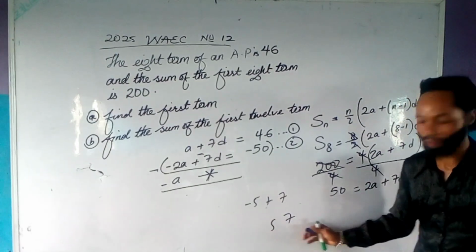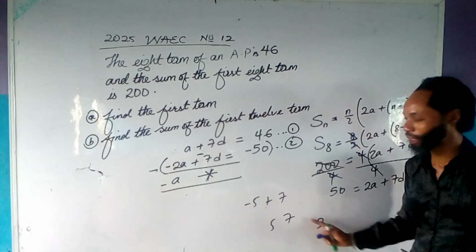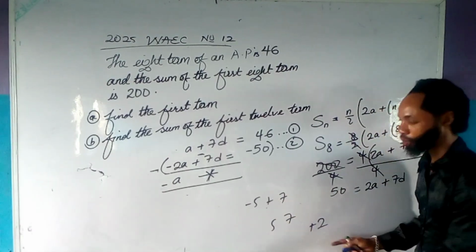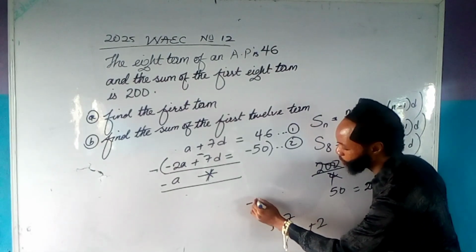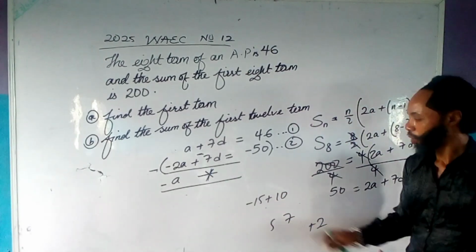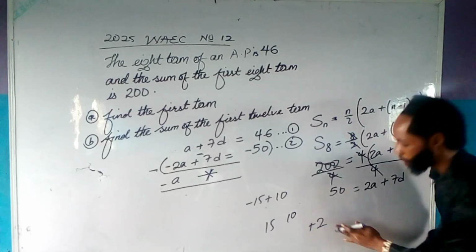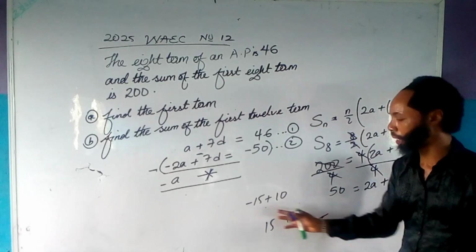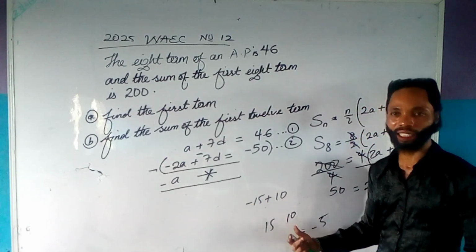The difference between 5 and 7 is 2, then you attach the sign of the bigger number. Which number is bigger? 7, and the sign is positive, so the answer is plus 2. Let me pick another one: minus 15 plus 10. The difference is 5, the sign of the bigger number is negative, so minus 5.